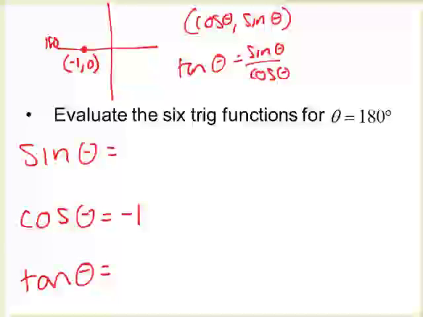Cosine comma sine, so sine is the second part of the point. Sine is 0. And tangent is sine divided by cosine. What is 0 divided by negative 1? 0. So we get 0 there for that last one.